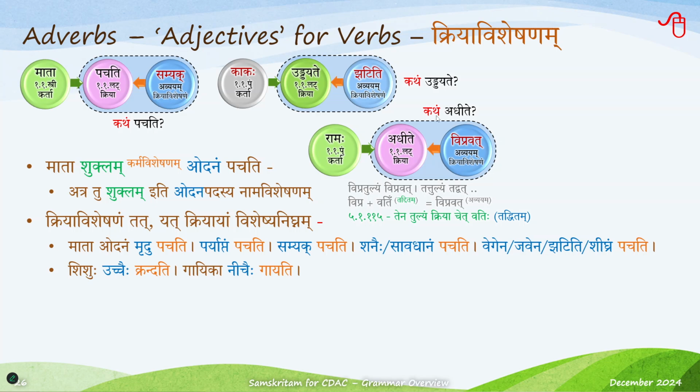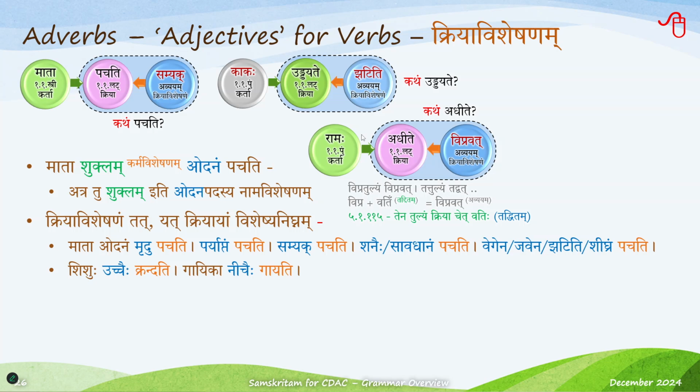But katham adhite, kim adhite, Rasayana Adite, Karmapada. Ramaha Rasayana Adite. Poor Rama is doing so many things for us, a very helpful guy for us to learn Samskrita. So, Ramaha Rasayana Adite. Katham Adite, how does he learn?